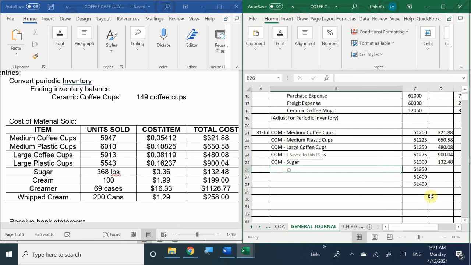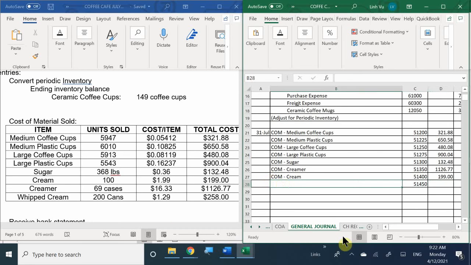What about my cost of material for my creamer? Okay. And in this case, I bought some heavy cream. So cost of materials for just the cream. How much did I use? Or how much did it cost me? Ooh, hold on. Wrong. Creamer is 1126.77. My cream is $1.99.